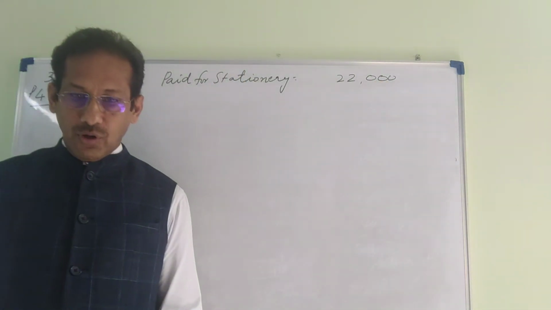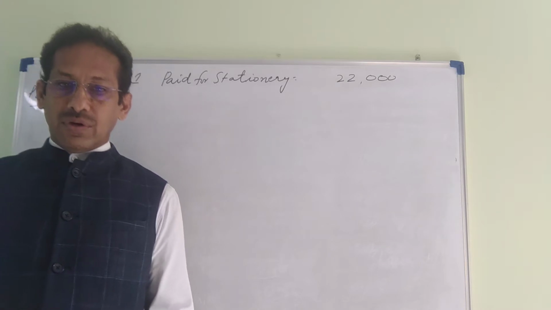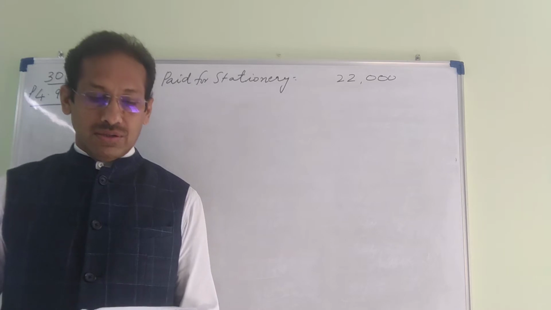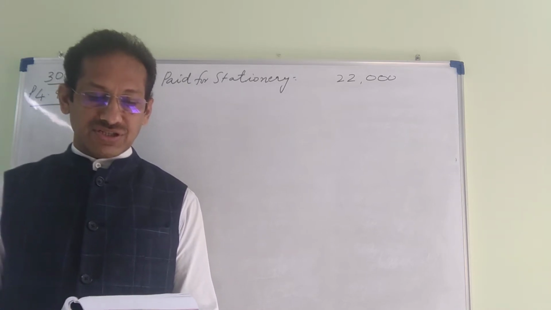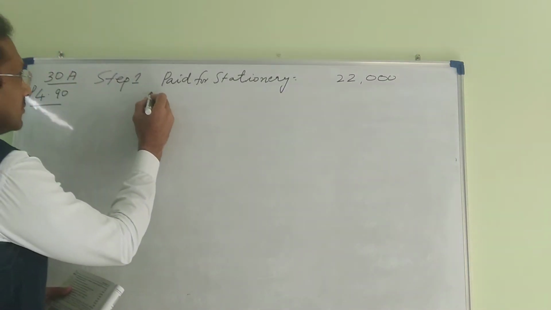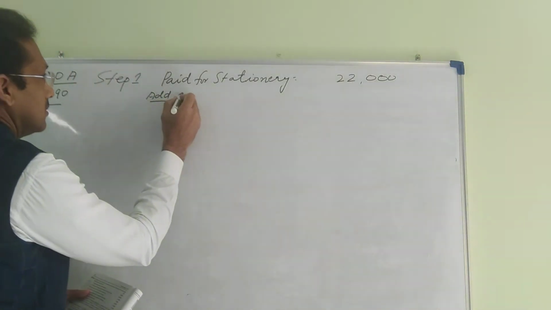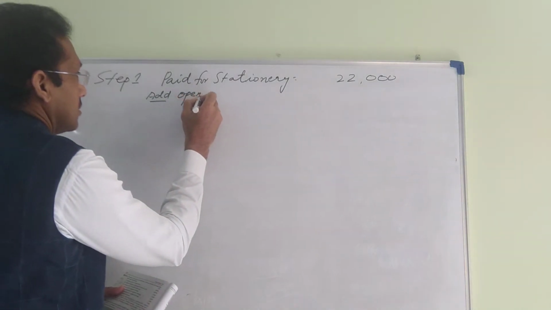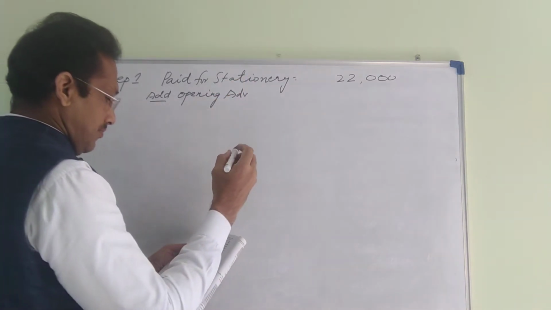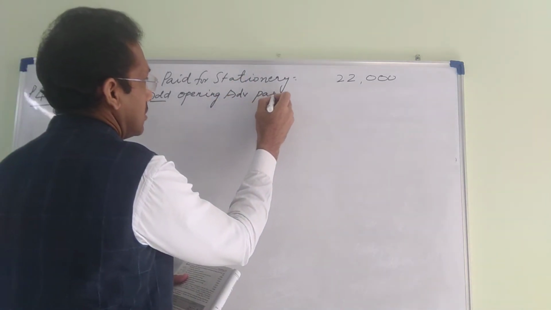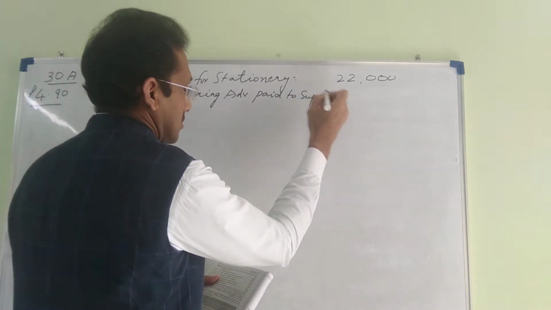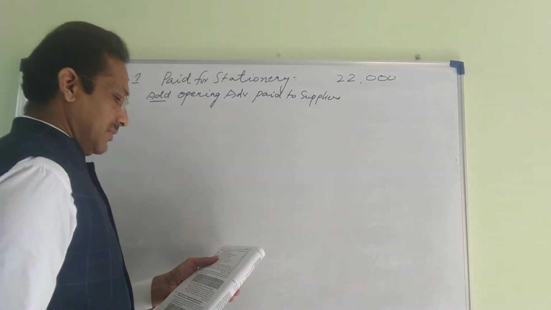Now what we have to do is adjust the advance paid to suppliers. So the opening advance paid to suppliers, that is 2,000, we will add.